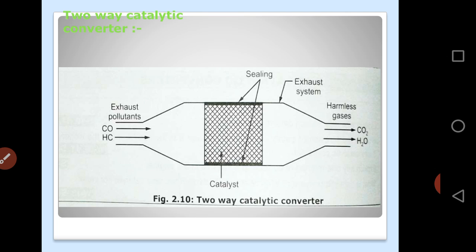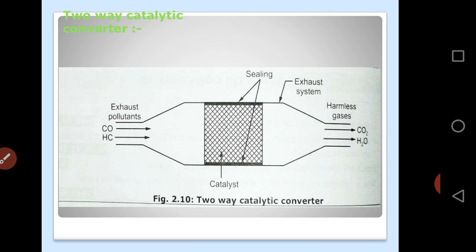Normally there are two types of catalytic converters: two-way and three-way catalytic converters. In a two-way catalytic converter we can reduce only carbon monoxide and hydrocarbon emissions, by oxidation.